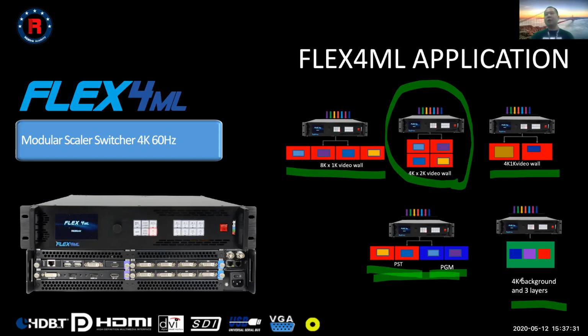And this is another example with the extending from the top. For this application, it will use, for example, 3 outputs as a background, and then put another 3 layers on the top.